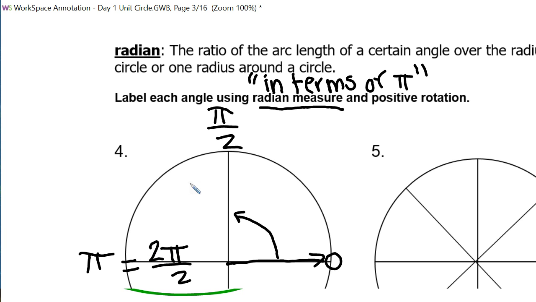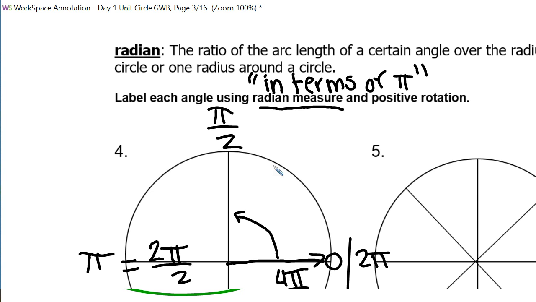If I rotate again, this one would be 4 pi over 2, which is equal to 2 pi. So 0 and 2 pi are equivalent. So all of those are in radians. So that's pi over 2 radians, pi radians, 3 pi over 2 radians, 2 pi radians.